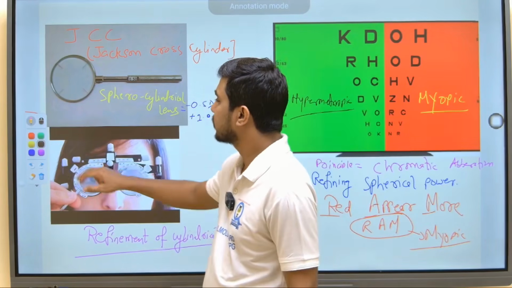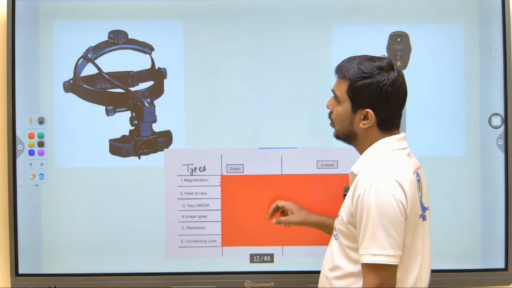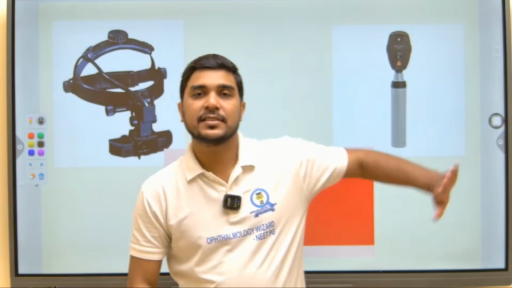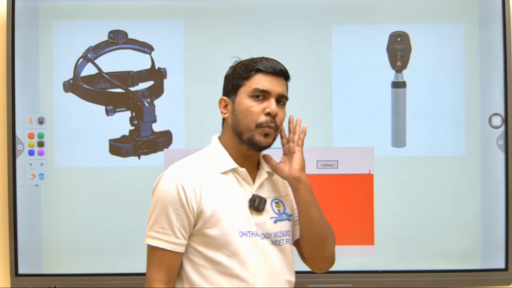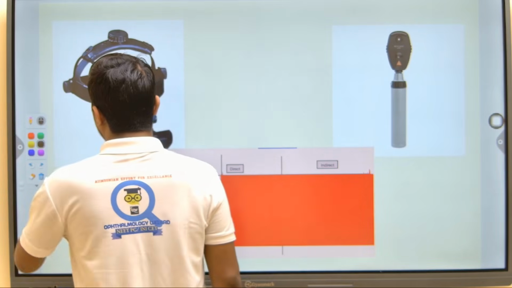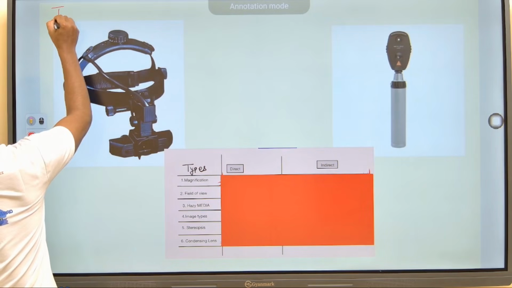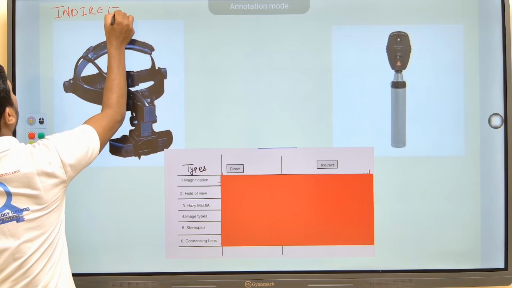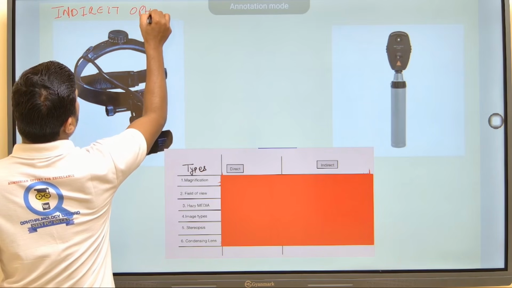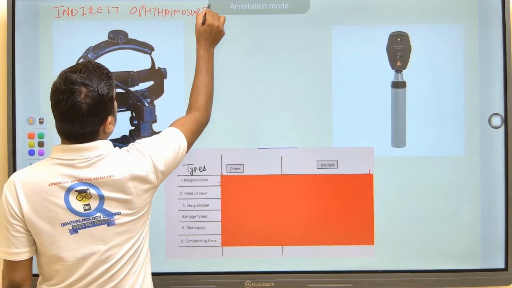Coming to the next MCQ, these two instruments you need to know, very common instruments for the OPD procedure. What is this instrument? Anyone? This is the indirect ophthalmoscope.